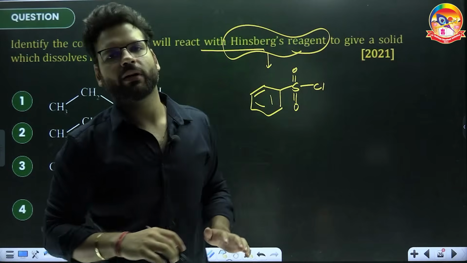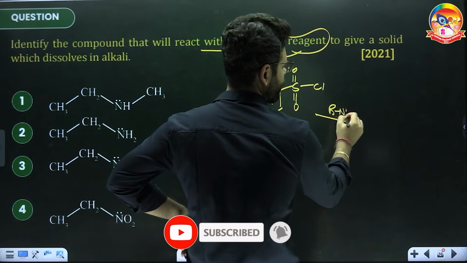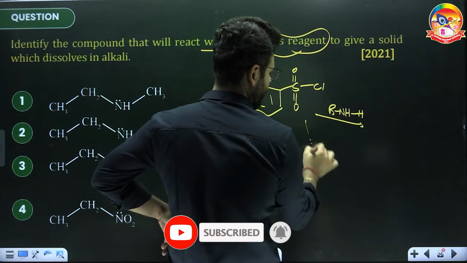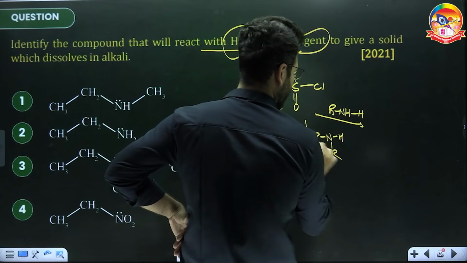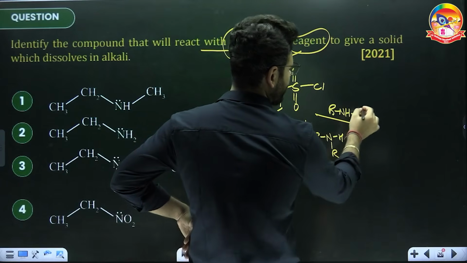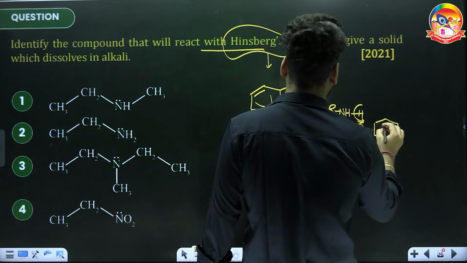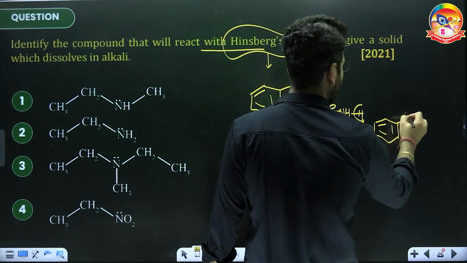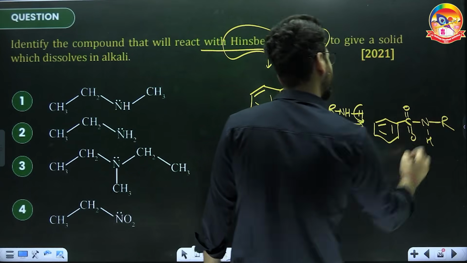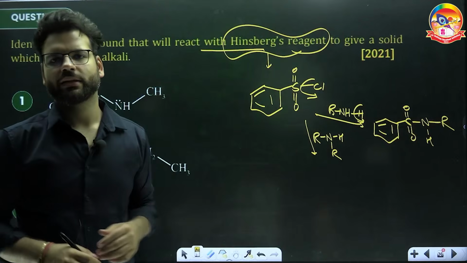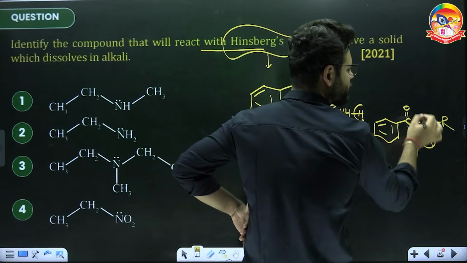Whenever we react Hinsberg reagent with a primary amine, RNH2, or with a secondary amine, RNHR, in the primary amine, first H goes from here, Cl goes from here, and gives you a sulfonamide which is acidic in nature. We call it N-alkyl sulfonamide. And because of this acidic proton, it is soluble in NaOH.